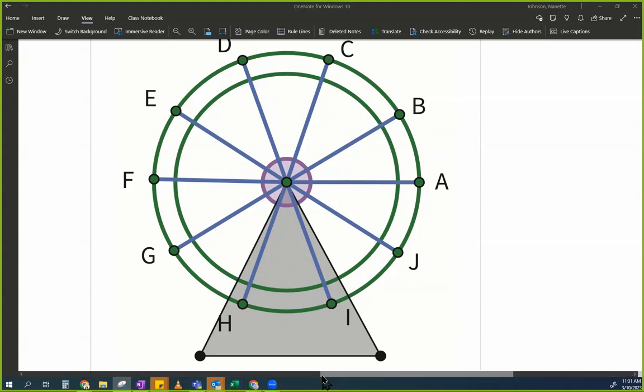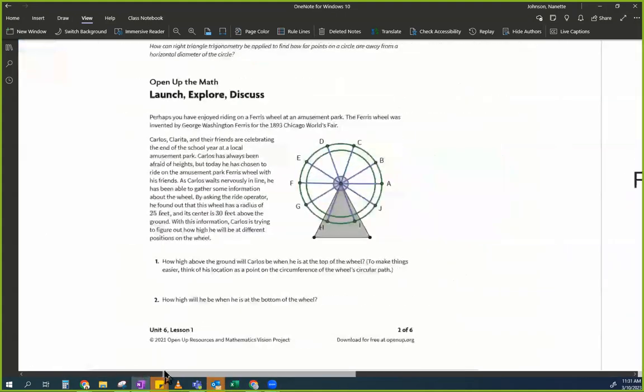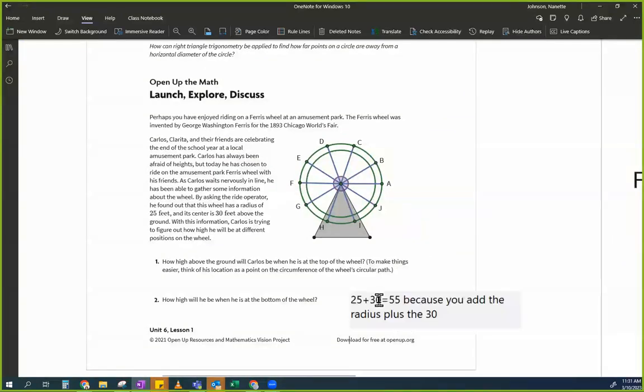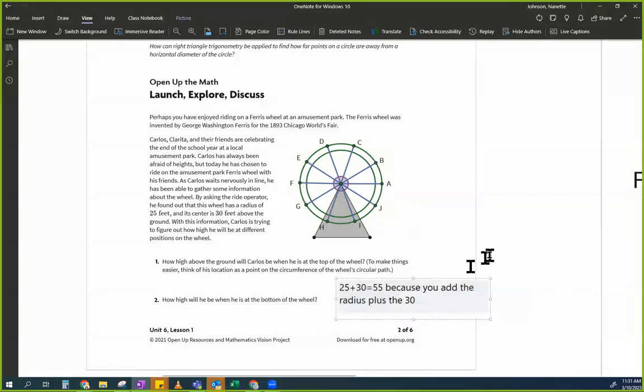So let me put that over here. I'm actually going to draw it so that you guys can see it. This is what your classmate said. Here's your classmate's answer.